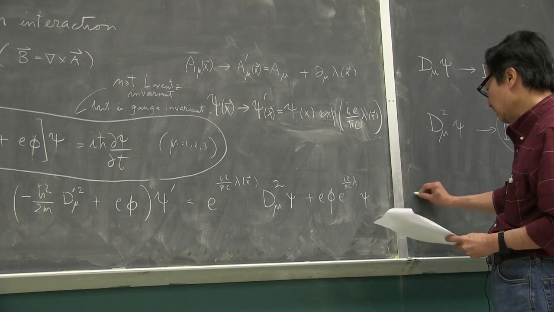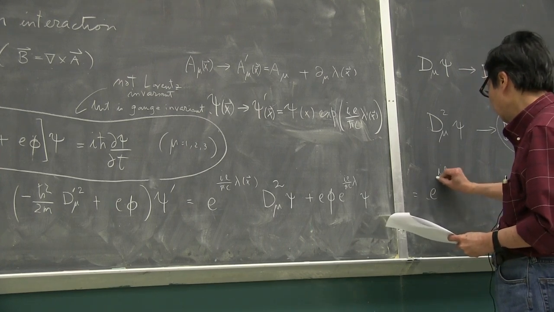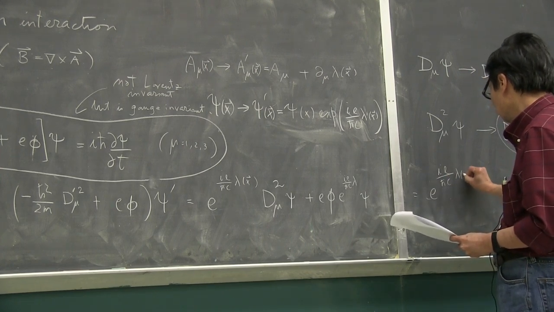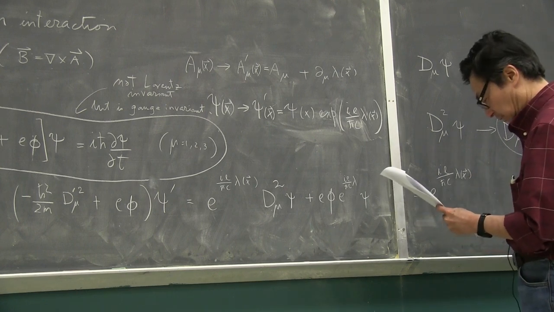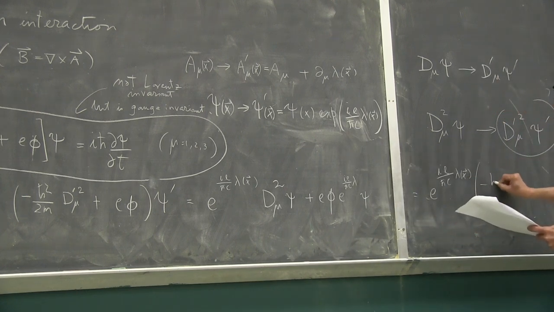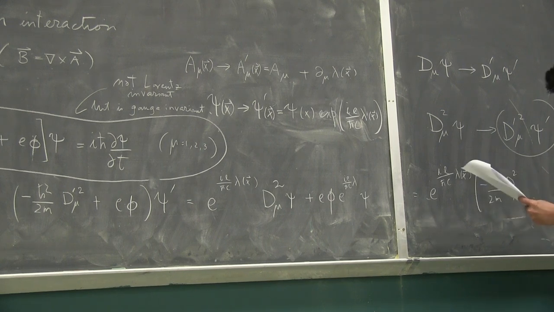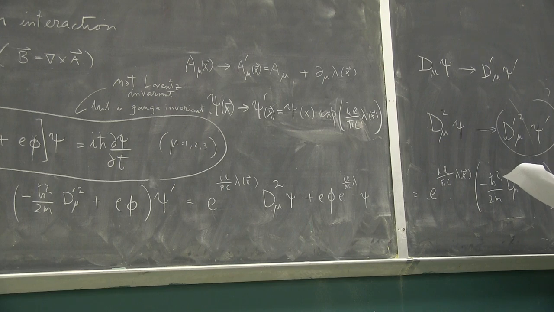And obviously, this is equal to e to the i. I can factor out this exponential factor. And then I have minus h bar squared over 2m del squared plus e phi acting on the old psi, like that, okay?